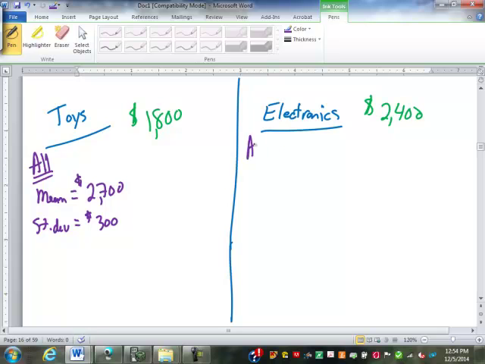For electronics, all of the salespeople in electronics had a mean of $3,200 and a standard deviation of 250.